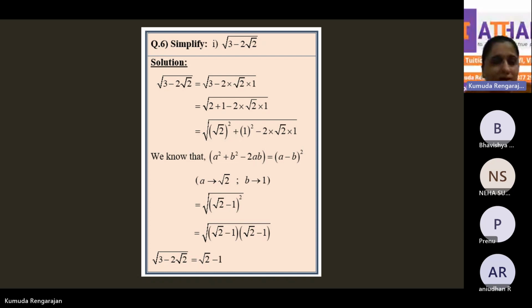Now in the numerator, we have 7 to the power n plus 2. That can be written as 7 to the power n into 7 square, correct? The earlier step would have been 7 to the power n into 7 to the power 2. The bases are the same and it's multiplication, so you added the powers and wrote it as n plus 2. We are writing the previous step, not the next step.